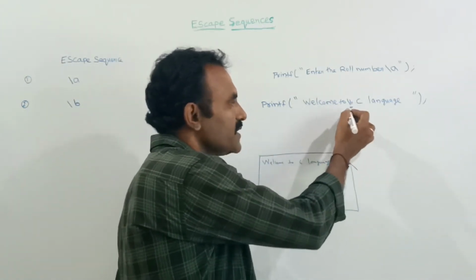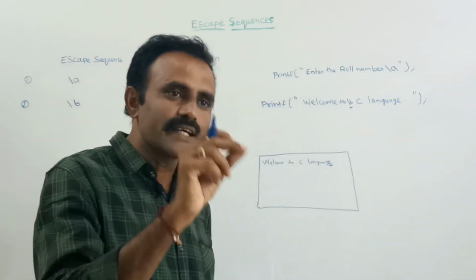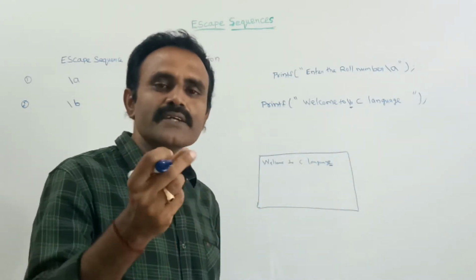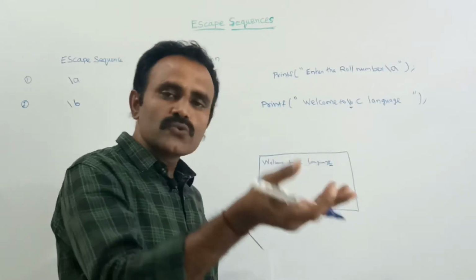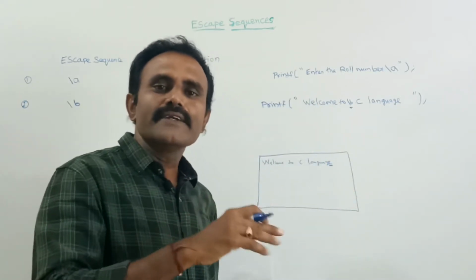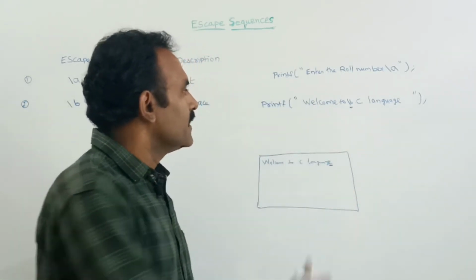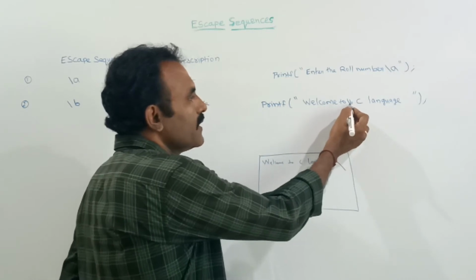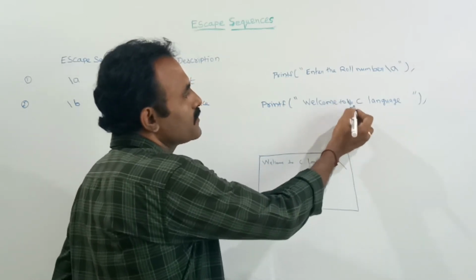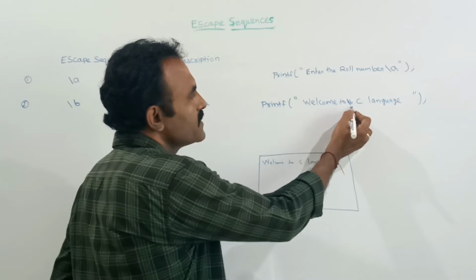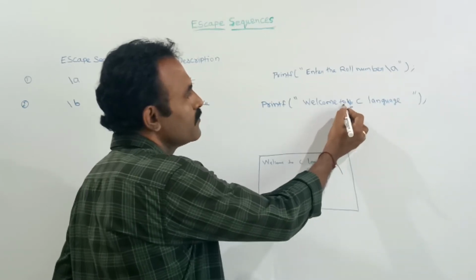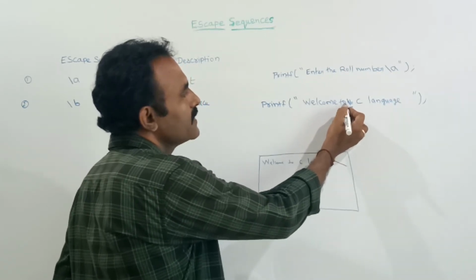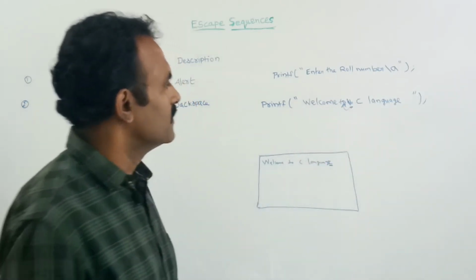From the position where the \b is, it moves one step back and deletes the letter. From this current position it moves one step back. What is the letter here? This o will be removed.